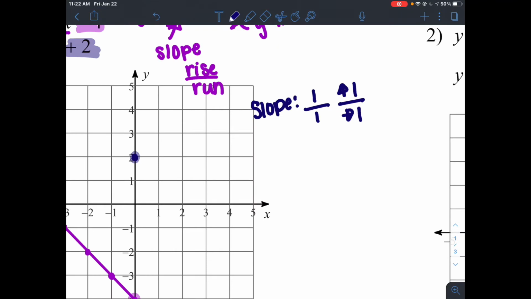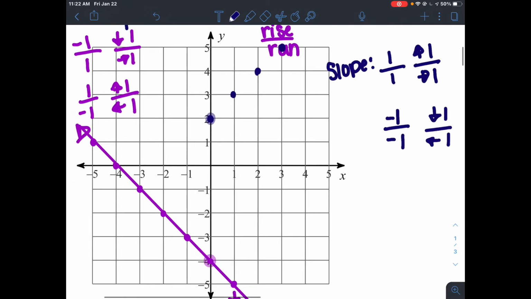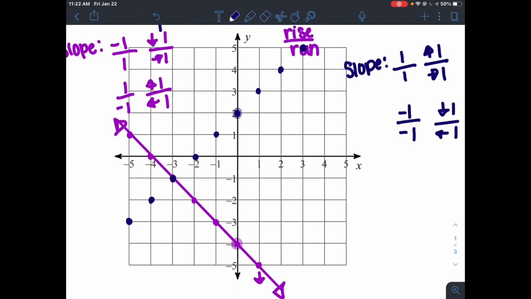So we'll go up 1, right 1, up 1, right 1, up 1, right 1. Since I can't go up any further, I can also make myself go down. So I'll make it -1 over -1. -1 divided by -1 is +1. So I have not changed my signs at all by adding a negative to both the top and the bottom. So this means I would go down 1 and left 1. So down 1, left 1, down 1, left 1, down 1, left 1. Then I can connect all of my points together.